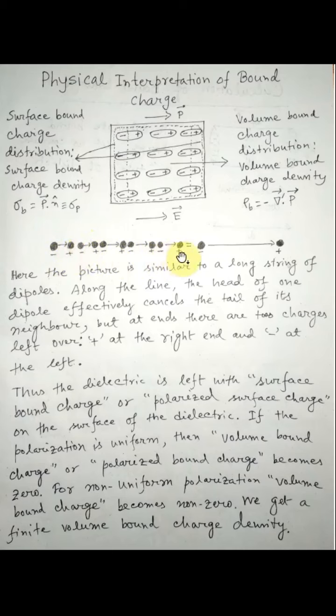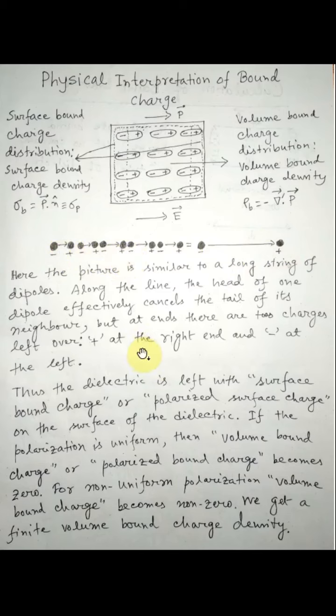But at the ends there are two charges left over. On the left side there is a minus charge, and on the right side there is a positive charge. So why is it happening? Because the inside charges cancel out. So we can think that if polarization is uniform, then this can happen.